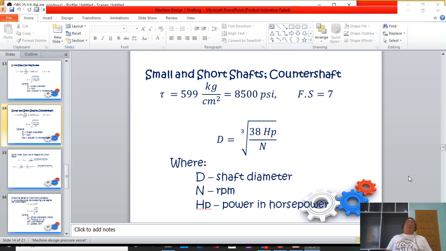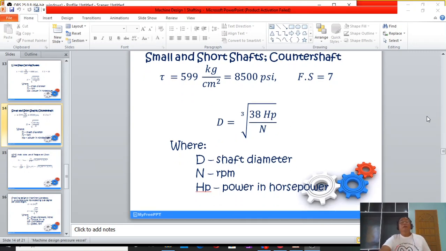Substituting again the values, power equals NT over 63025, and shear stress equals 16T over pi d cube, you will arrive at the equation diameter equals the cube root of 38 HP over N. Take note, class, that the formulas you are going to consider in this shafting topic are not only one, but there are so many formulas that you are going to consider.